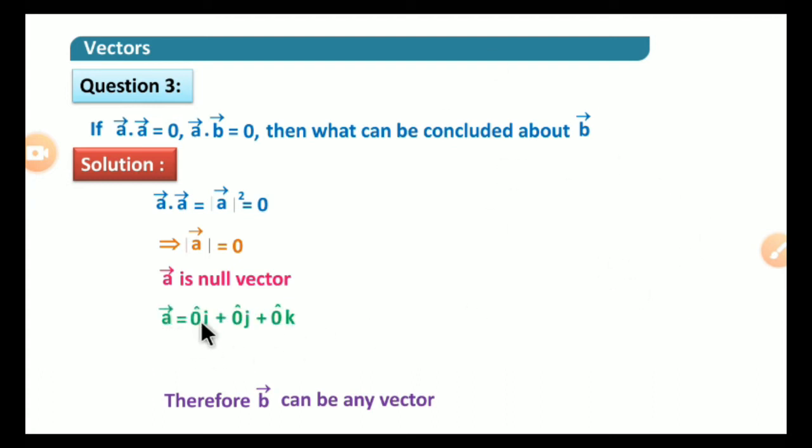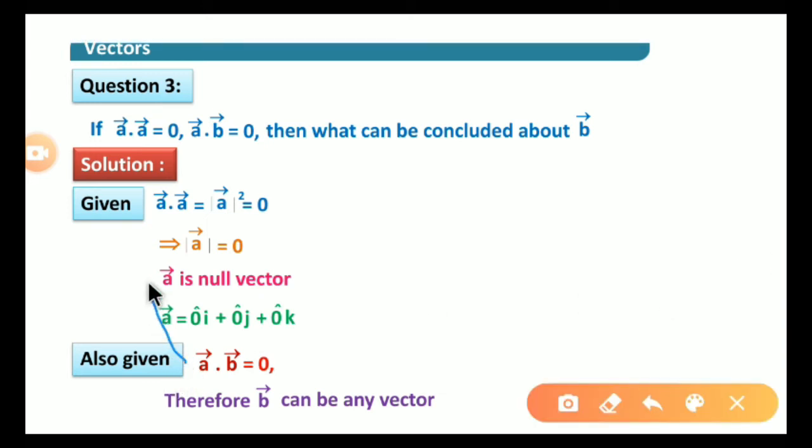Therefore, vector A can be written as 0i plus 0j plus 0k. Also given is A dot B equal to 0, which means vector A dot vector B is equal to 0, and A is already a null vector.